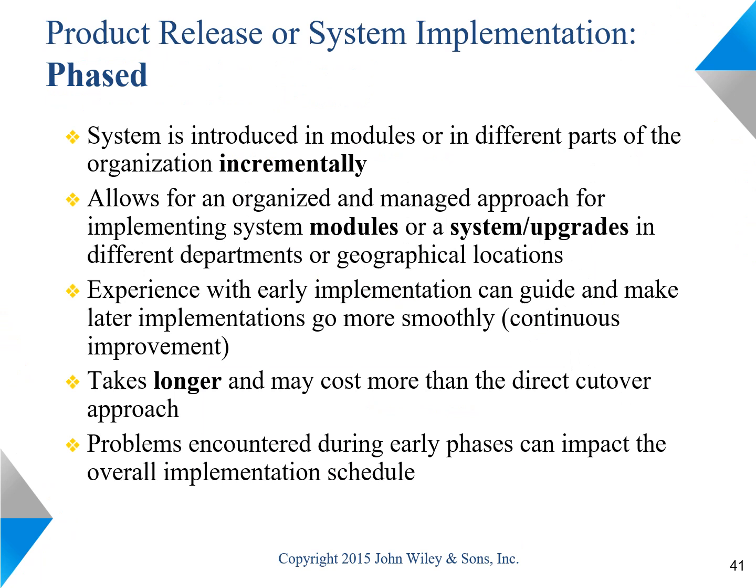The phased implementation also reduces the risk associated with implementation by the fact that if there are some problems with the first few locations where you implemented the system, then you can correct those, or maybe you can postpone implementation in other courts.